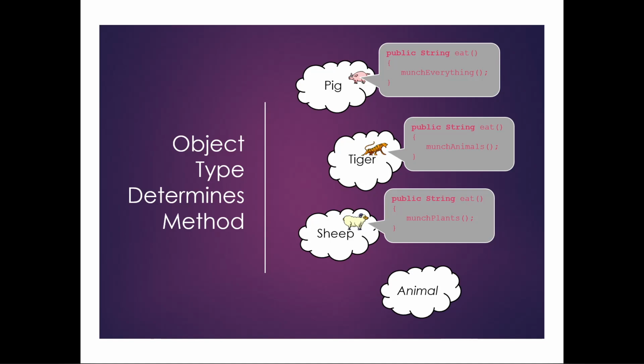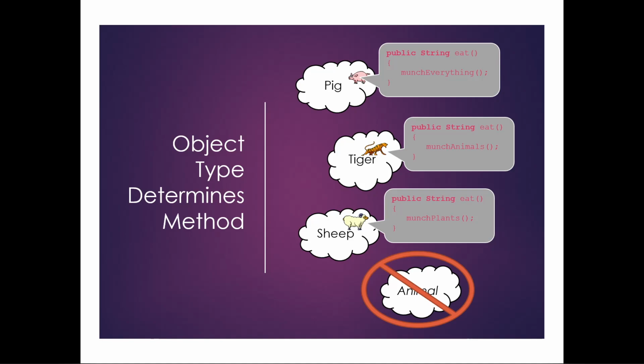First of all, I didn't define eat as a behavior the animal knows about. Eat is an abstract method, and more so, animal is an abstract class, so I can't even create an animal instance to begin with. So don't forget, abstract classes, I cannot have an object that's called an animal.